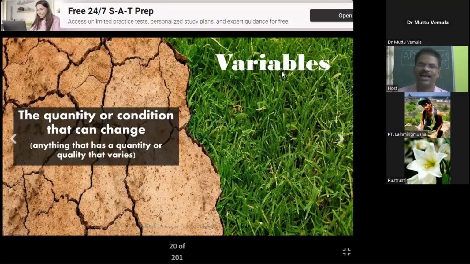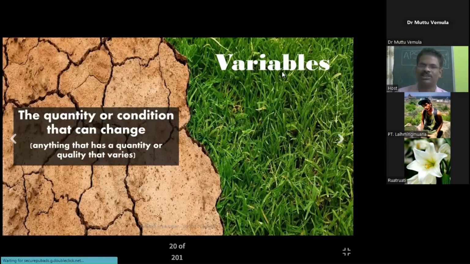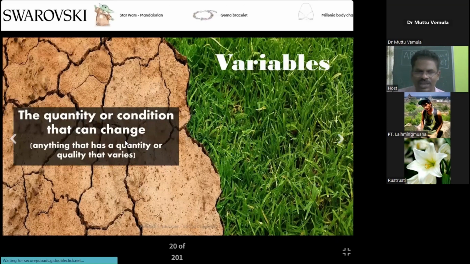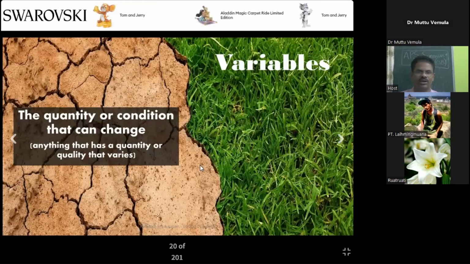In one class he uses lecture method, in another class demonstration method, in another class experimental method, in another class PPT presentation, and so on and so forth. So therefore a quantity or condition that can change is known as a variable. Anything that has a quantity or quality that varies or changes. All right.